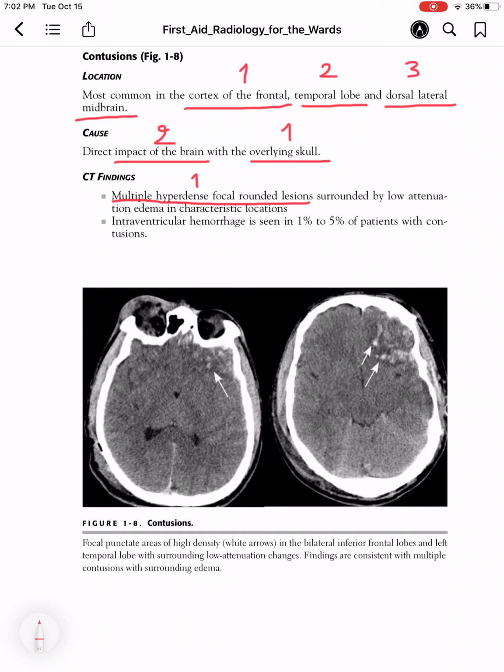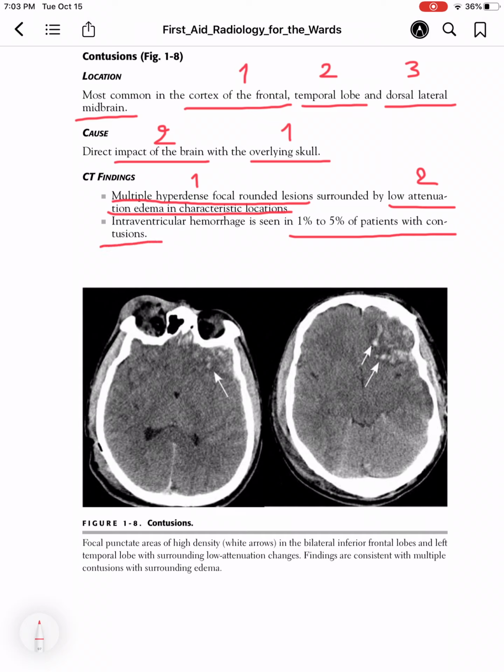And these are surrounded by low attenuation edema in characteristic locations. This is the second thing. We're going to talk about that when we look at the pictures down below. The second point is intraventricular hemorrhage, which is seen in 1 to 5% of patients with contusions. Only 1 to 5% of patients with contusions will get intraventricular hemorrhages.